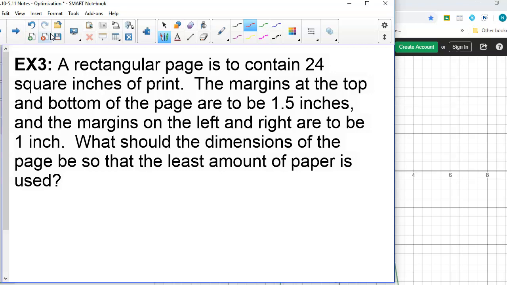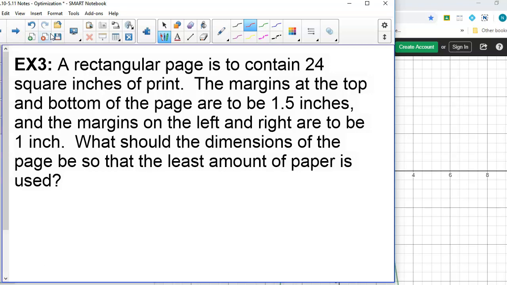So in this case, this would be something that might need to be used if you were producing something at a large scale, right? Obviously, if your teacher tells you just put 1.5 margins at the top and bottom and 1 inch margins at the left and right, you're just using regular paper. You're not doing something like this.